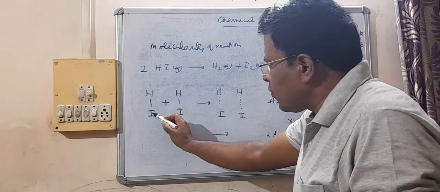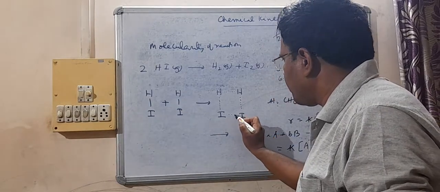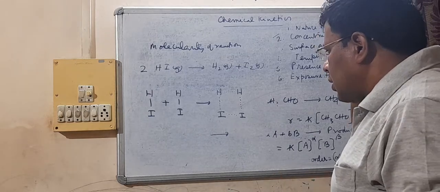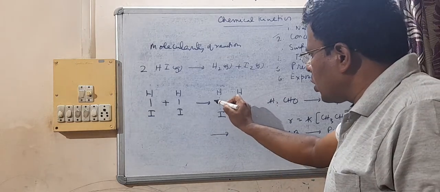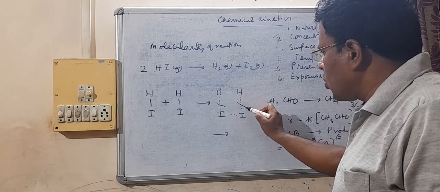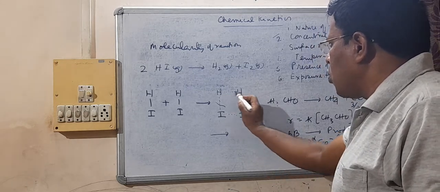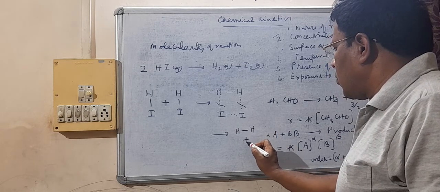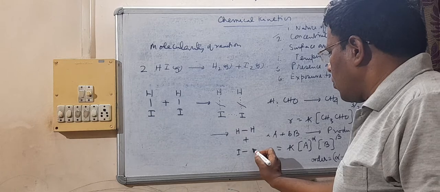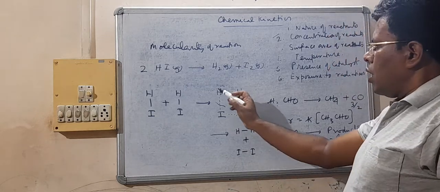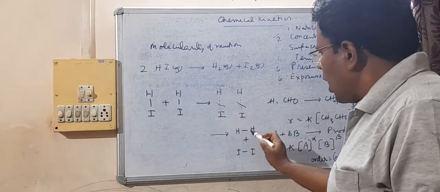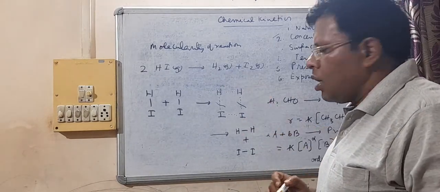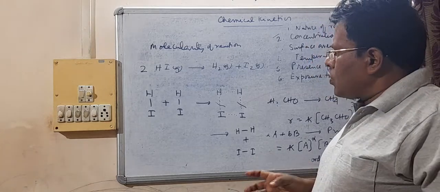Ultimately, this bond gets totally broken, and this bond gets completely formed. So a hydrogen molecule and an iodine molecule result.